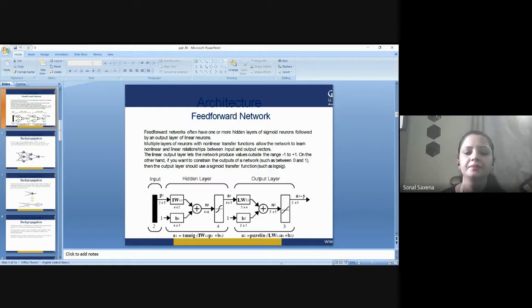You can see over here, these are the sigmoid neurons, and there could be more than one hidden layer. This is a hidden layer that you can see.